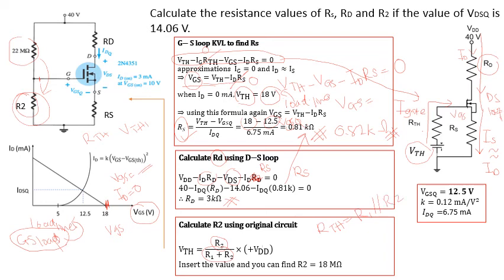But we have the information about the VDD, the R2, and also the VTH. So to find the value of R2, you use VTH equals R2 over R1 plus R2, times VDD. Insert the values and then you can find the value of R2.